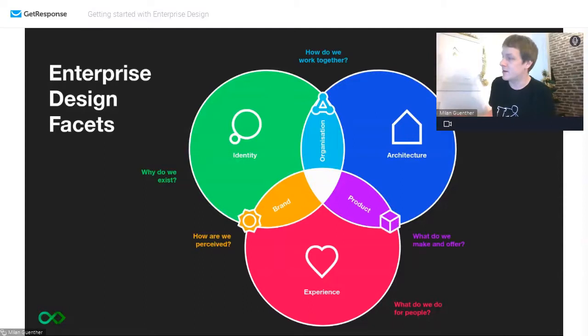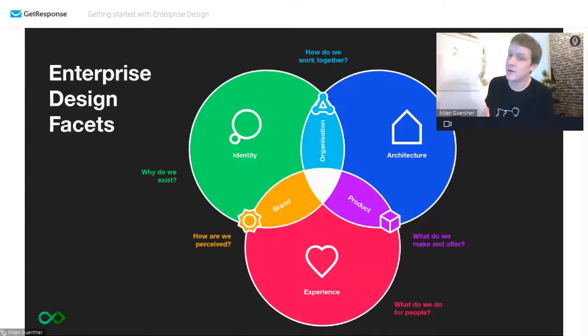And then at the intersections, we have more concrete manifestations of the same enterprise, which is our organization. So taking our identity forward and building an architecture out of it, which means deciding who does what, how do we work together, how do we take decisions, which is our organization. We have how we appear in people's lives. With the help of our architecture, we can make products and services, which we call products in a simplified manner.